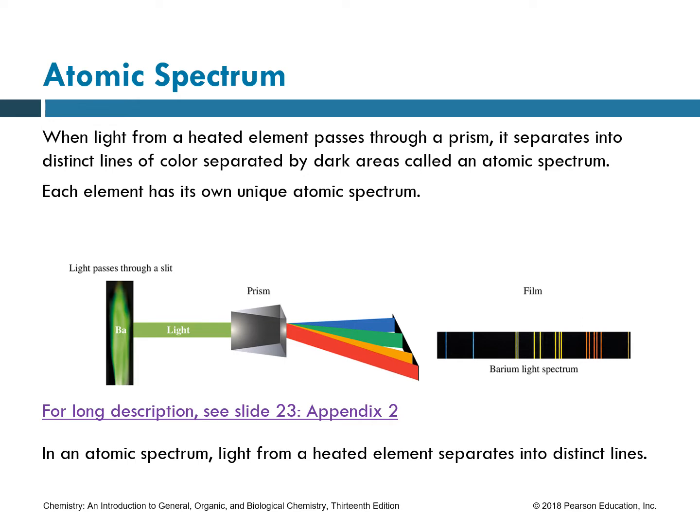This is referred to as the atomic spectra. Each element has its own unique atomic spectra. Each element will produce distinct lines of different colors, and each of these colors would be separated by darker areas which would look black to us. So this is called the atomic spectrum.